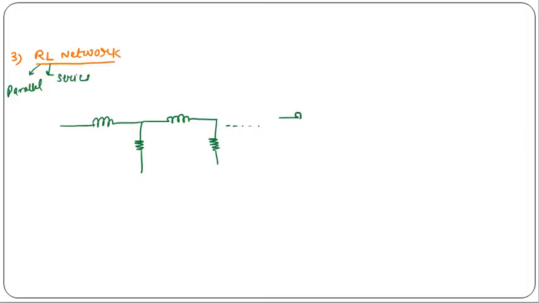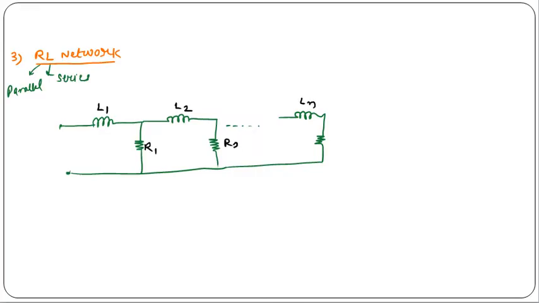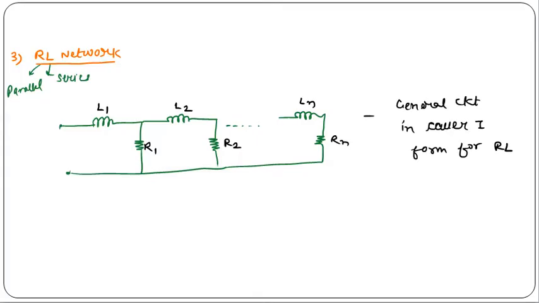This pattern will repeat. The elements are L1, L2, Ln, and resistors R1, R2, and Rn. This is the general circuit in Cauer first form for the RL network.